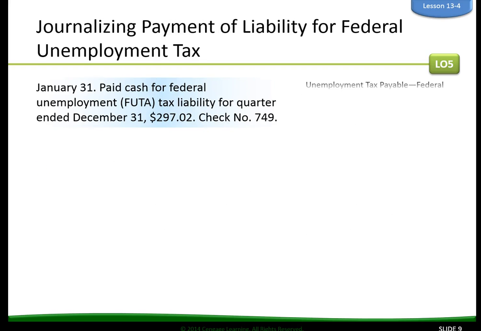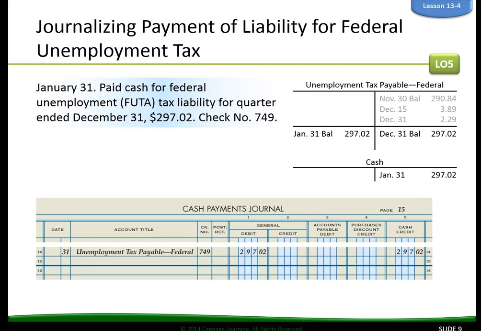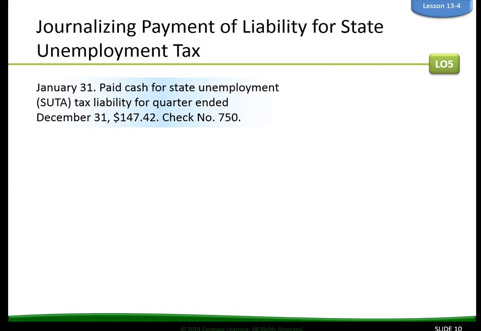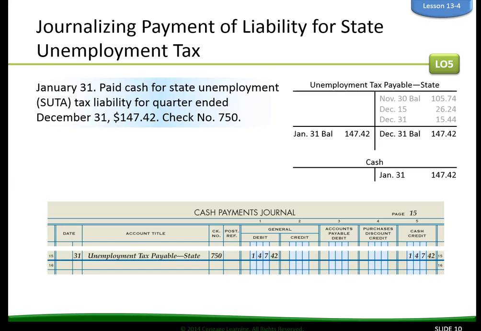Journalizing. We've got our T charts. Cash payments journal. So the unemployment tax payable federal with a check number. It's a debit and then a cash credit. Again, we have the unemployment tax payable state.